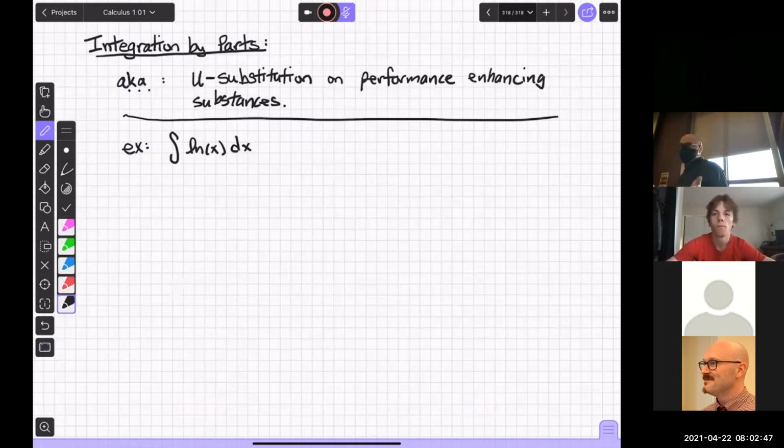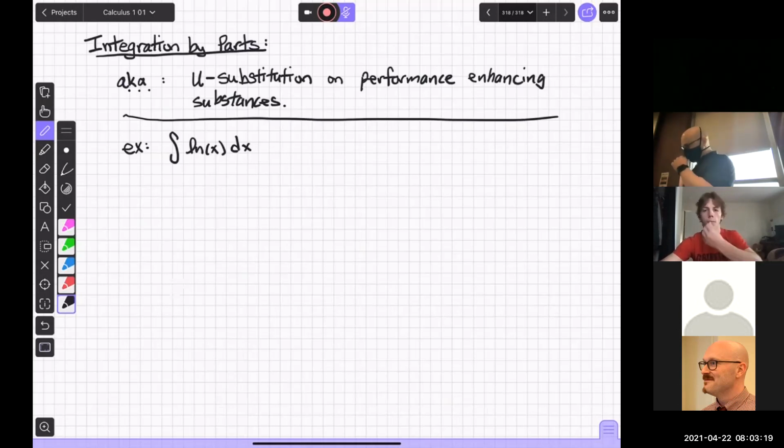And this is a not that crazy function. I mean, the natural log is something that we use all the time, and we never came up with an antiderivative for it before. So that's a bit of a problem. And it turns out that because the natural log is used so heavily in science, we want to be able to find the antiderivative of it. So this is actually something that's quite necessary, and so we need to figure out a way of answering this question.